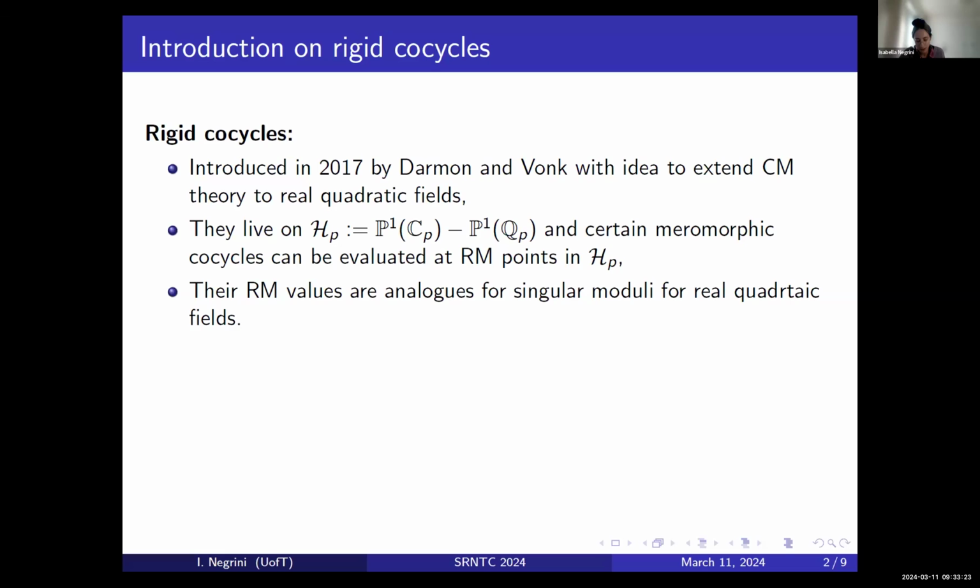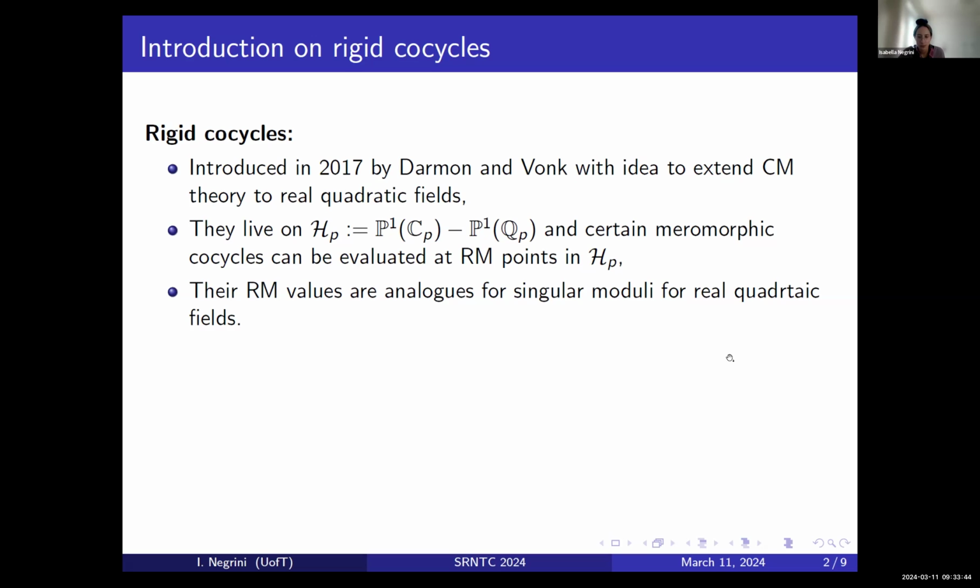And these singular moduli generate the Hilbert class field of imaginary quadratic fields. So because of the conjecture of Darmon and Vonk, we say that the RM values of rigid cocycles are analogs of singular moduli.